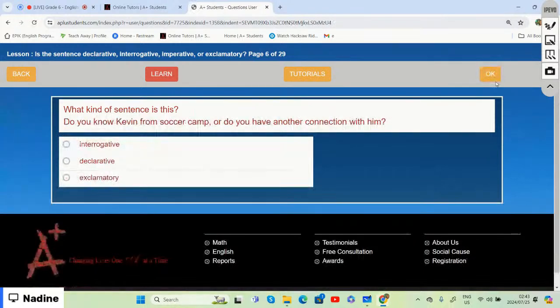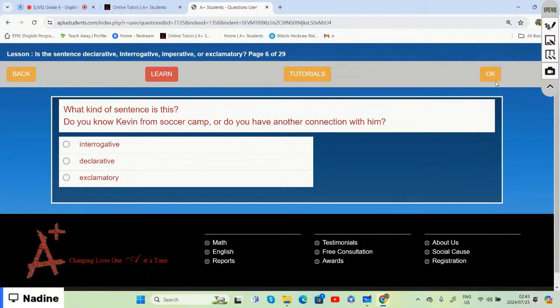All right, let's do the last one. This one says, do you know Kevin from soccer camp, or do you have another connection with him? Is this an interrogative sentence, declarative sentence, or an exclamatory sentence?